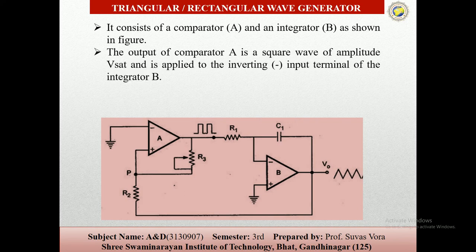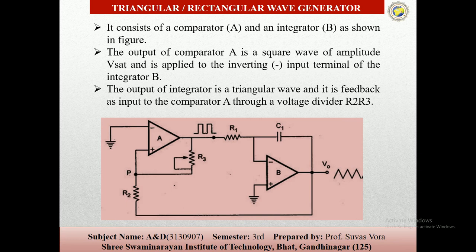The output of the comparator is a square wave with amplitude V sat, applied to the inverting input terminal of the integrator B. The output of the integrator is a triangular wave and is fed back as input to the comparator through the voltage divider R2 R3.